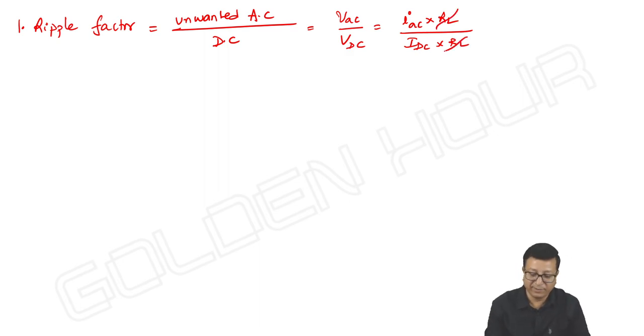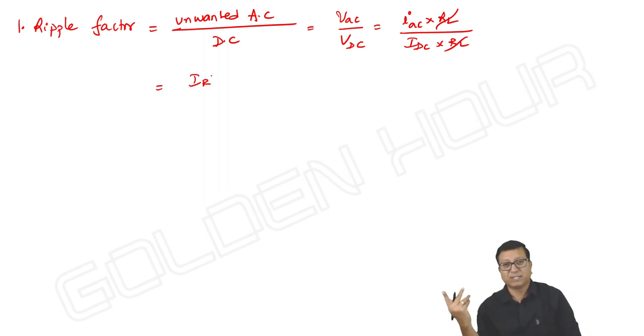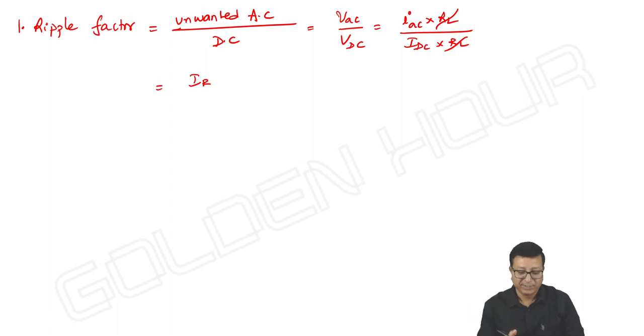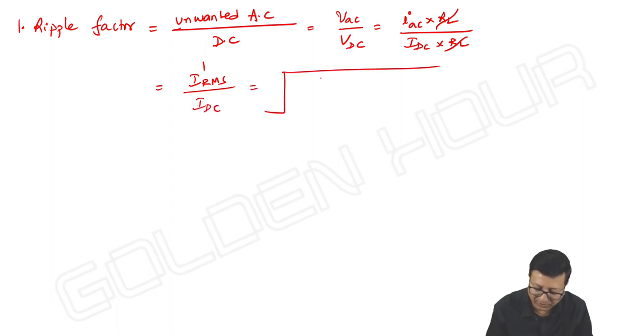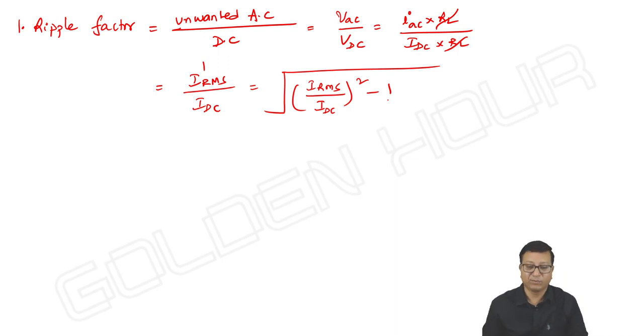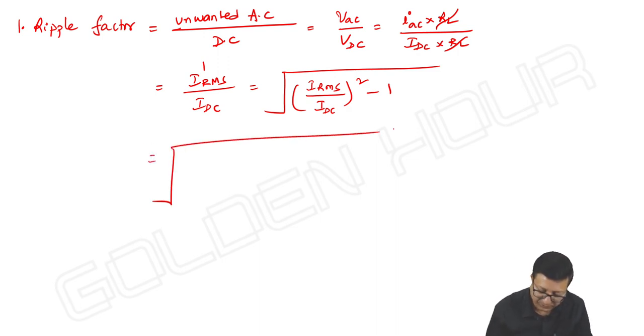RL cancels, IAC by IDC. Who will use Fourier series expansion to find all those AC components? Not required. I am just writing IRMS dash by IDC. And it is further written like, we are well aware, IRMS by IDC whole square, form factor square minus 1. IRMS is Im by root 2 whole square by IDC, 2Im by pi whole square, minus 1.